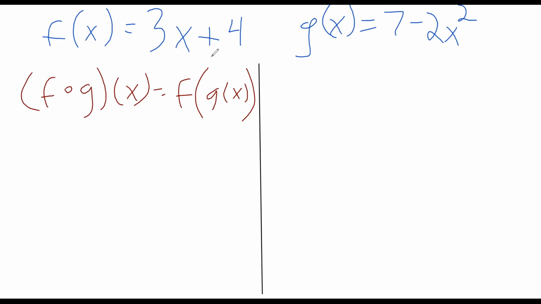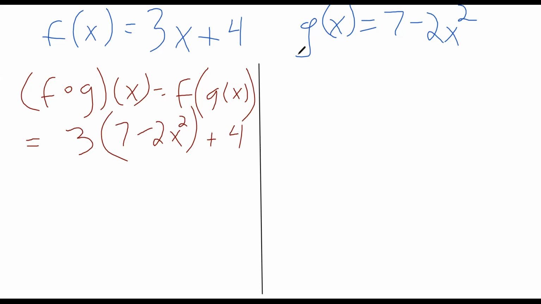Everywhere we see the variable, we take our g function and put it in there. So this is going to be 3 times 7 minus 2x squared, and then plus 4 outside of that.